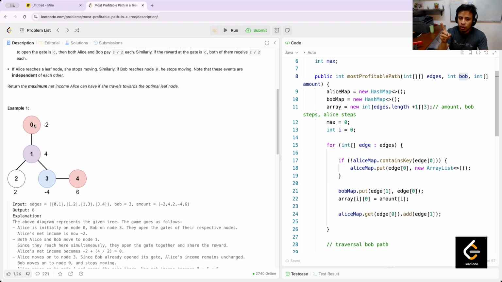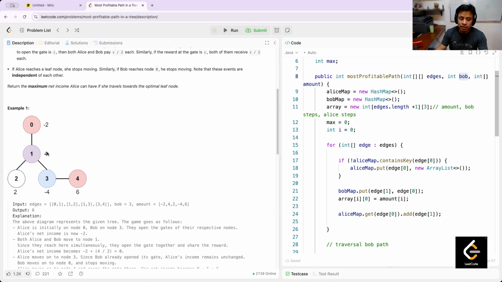Another important point for this problem is that both move one by one, at the same time. If Alice moves one, Bob moves one. And what happens when both Alice and Bob reach the same node at the same time? The amount is divided.